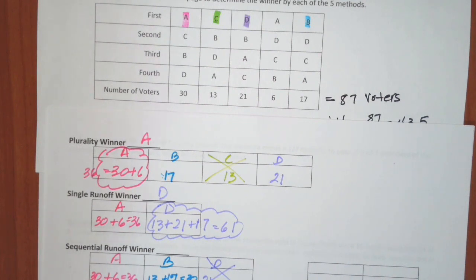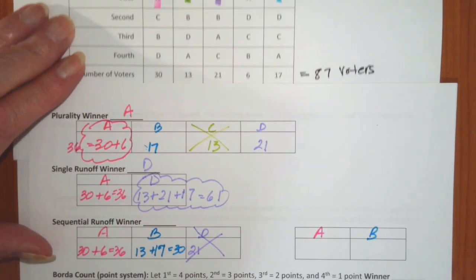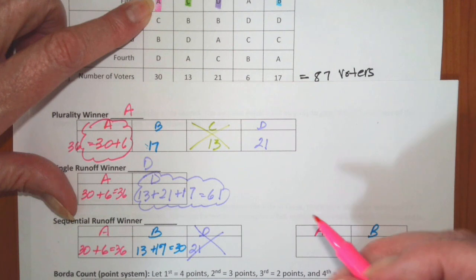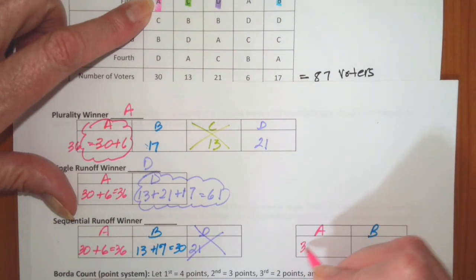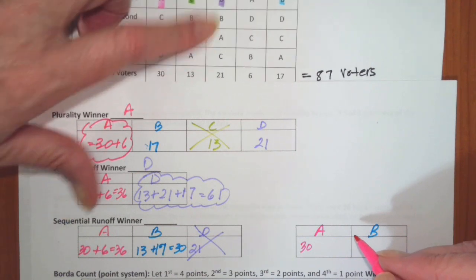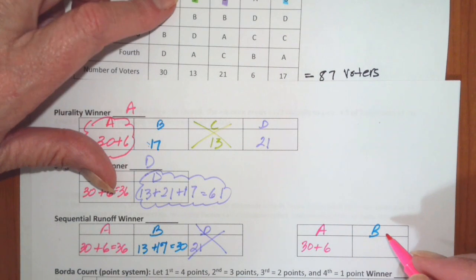So now we're just going to compare A and B. Now, just to show you that there's maybe a little bit different way to do this, you can look at this and just go through and see, well, we know A won this one. Between A and B, A got this one, and B got this one.